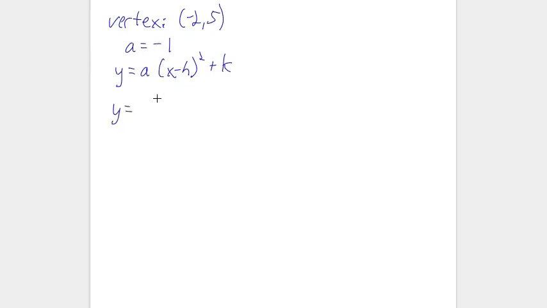All right, we'd already determined that a is -1. The x-coordinate of the vertex is -2. So we switch that around to x plus 2, because in our recipe here it says x minus h, and x minus -2 is x plus 2, and plus k, or the y value of the vertex.